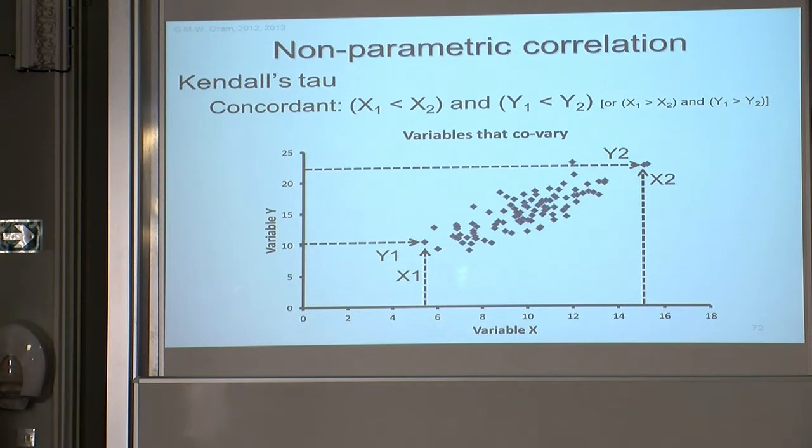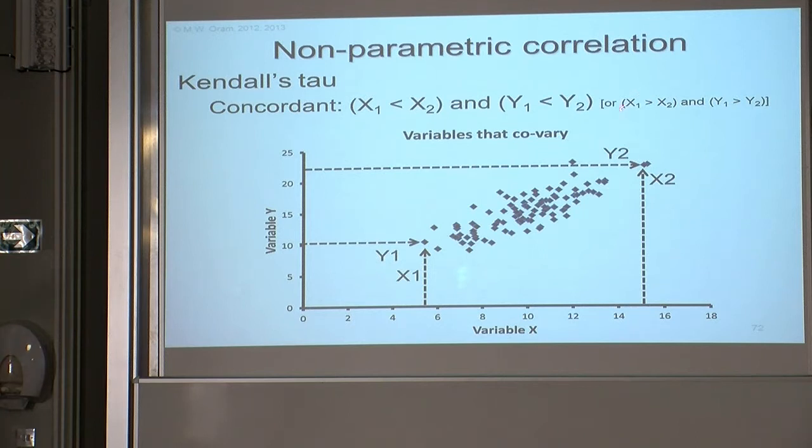So here's a concordant pair. Any pair where it goes up, so from here to here is a concordant pair, as is from here to here. It doesn't distinguish between those two, even though in terms of the score, they're very different. So it just says for x1 and x2, x1 is less than x2, and y1 is less than y2.